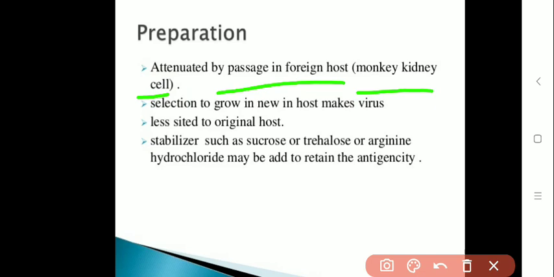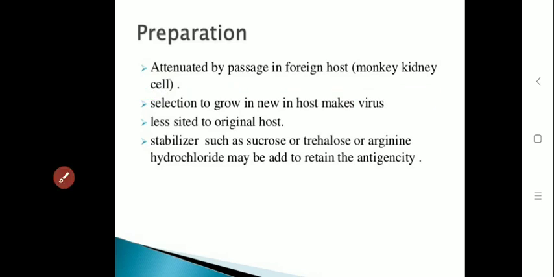So first of all, the virus is grown in the monkey kidney cell, then it is harvested from the monkey kidney cell. The process of centrifugation and filtration is carried out to separate such viruses.